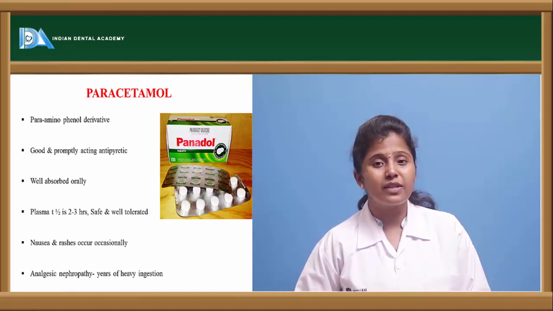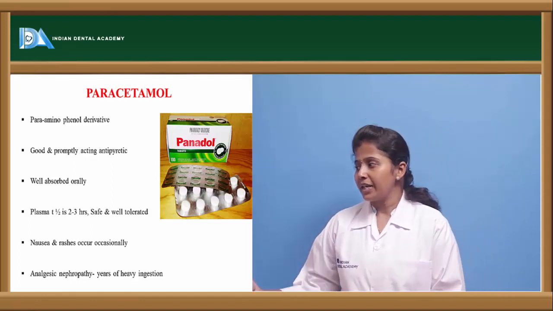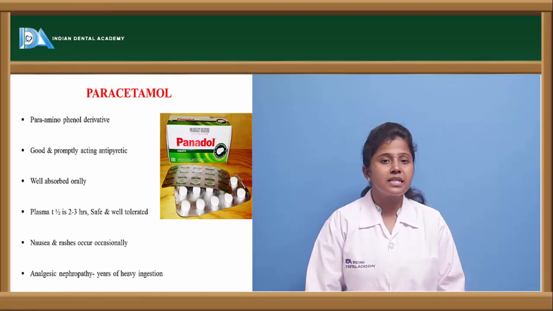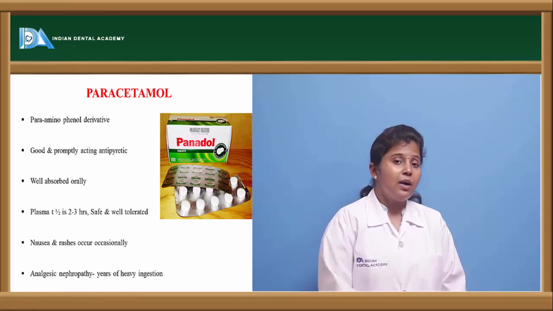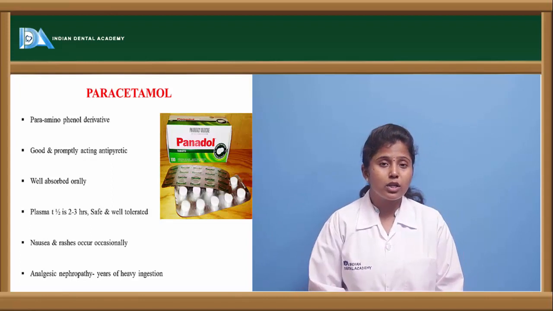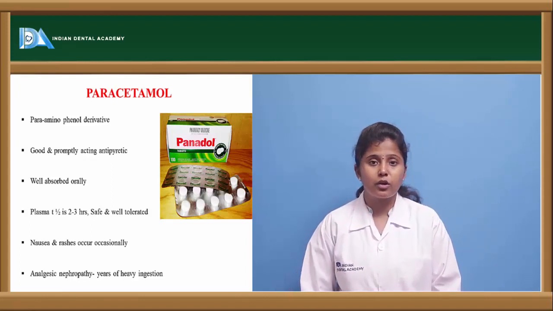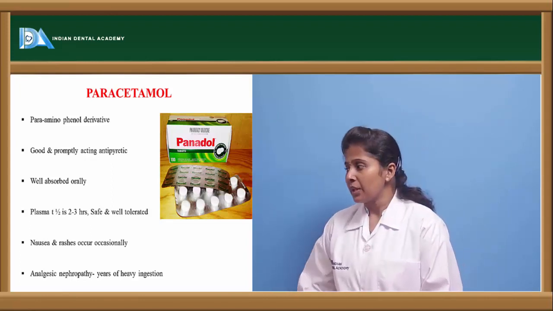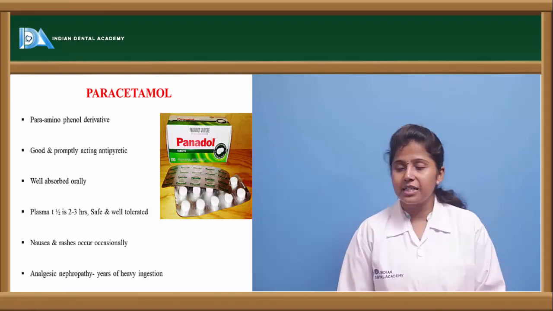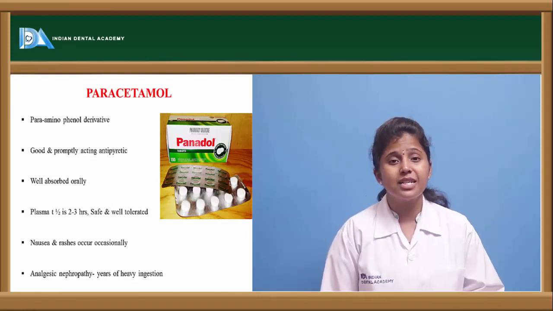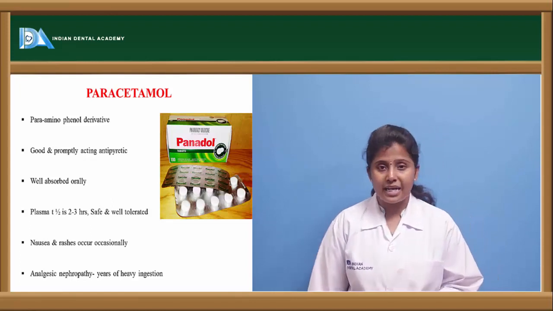So this is one of the safest drugs, and it causes some common side effects like nausea and vomiting, but on longer or chronic usage of paracetamol, it causes hepatotoxicity, and it has analgesic neuropathy action. In the sense, it is used in neuropathic analgesia.